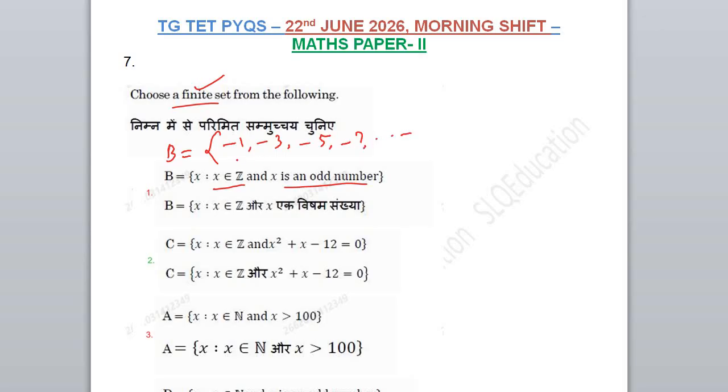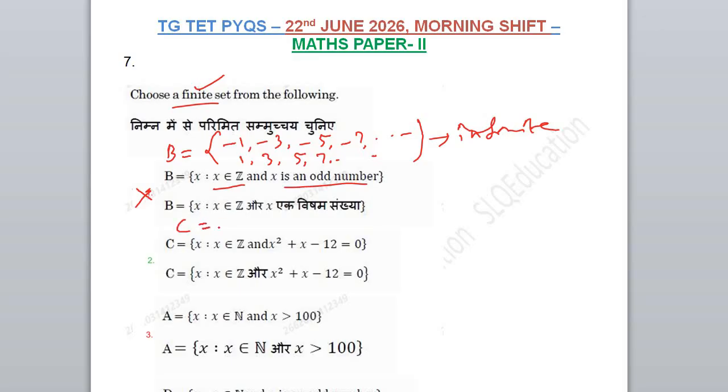Then in positive we can take odd numbers +1, +3, +5, +7, and so on. This is infinite, I mean not finite. So this is an infinite set and not our correct answer. He is asking for a finite set. Next question, C.